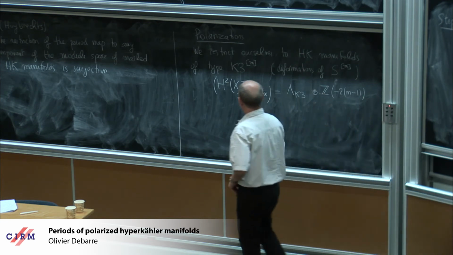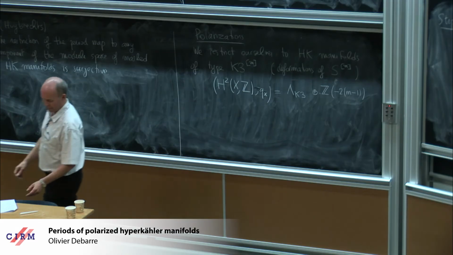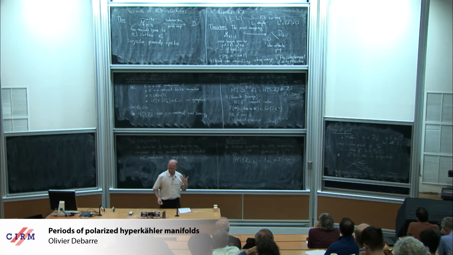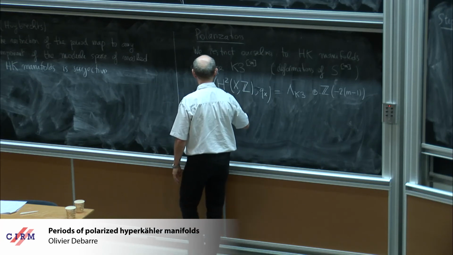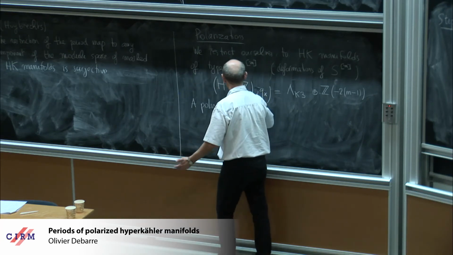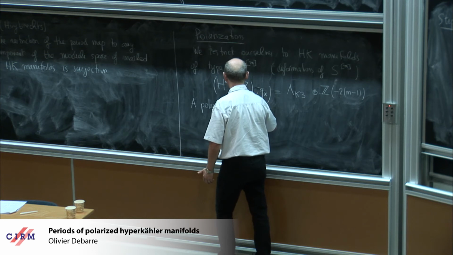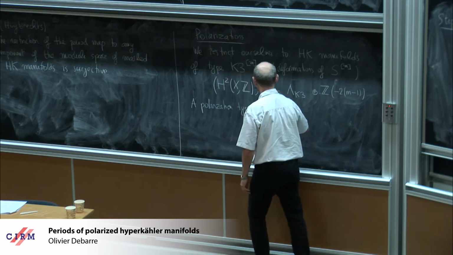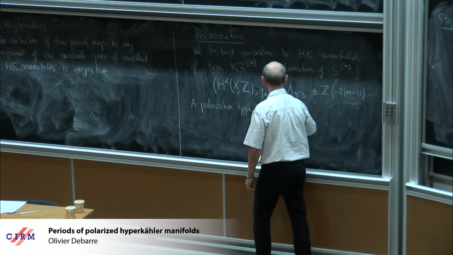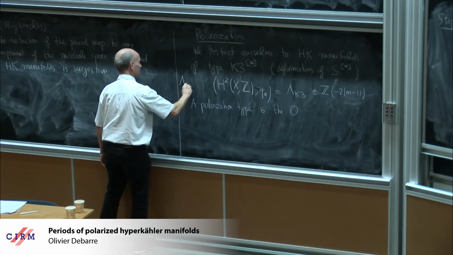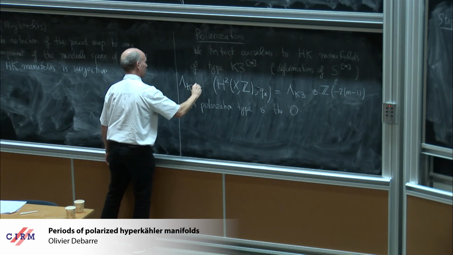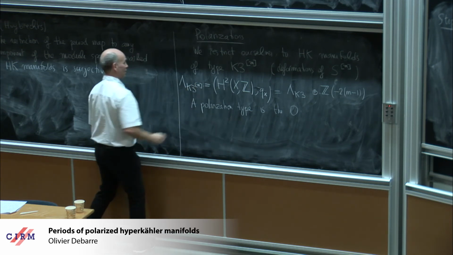So if you think about what should be a polarization, the polarization type, as people call it, is an orbit. Maybe I should give a name to this lattice: I'll call it the K3^[m] lattice.